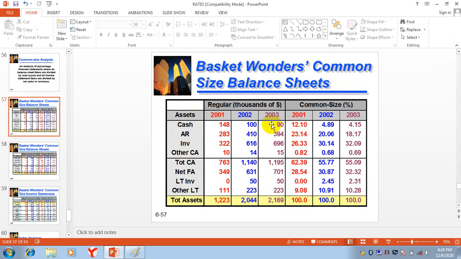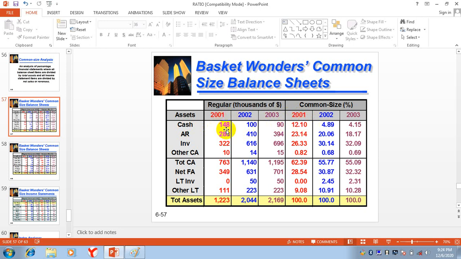Now what will we do? Here, in 2001, we will convert this cash to percentage. This item 148, see this is 2001, we convert it to percentage. What is the procedure?